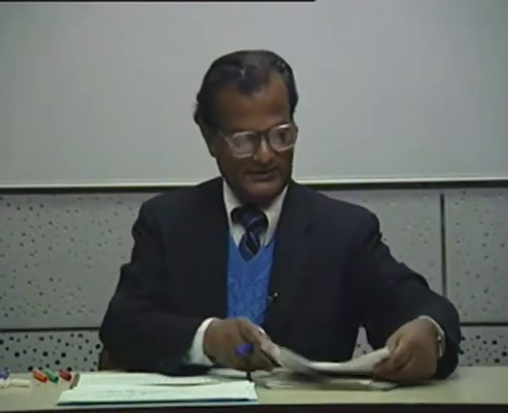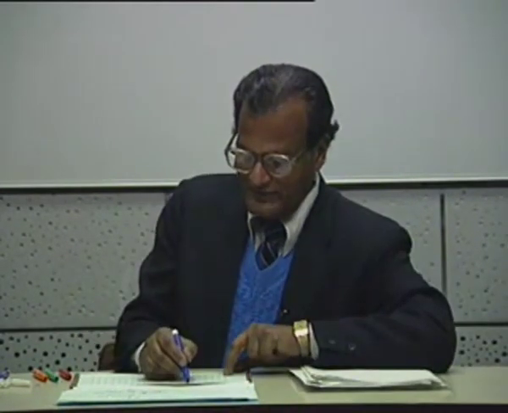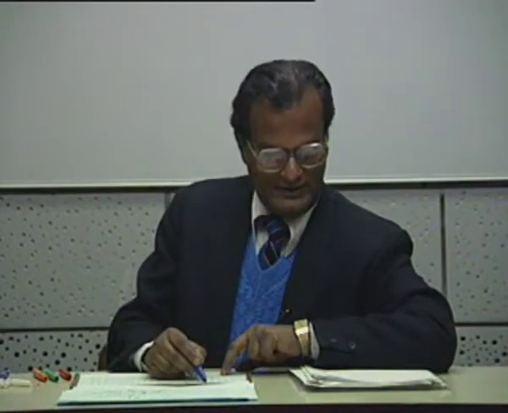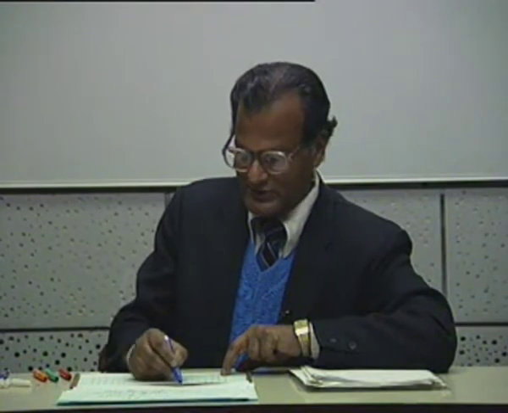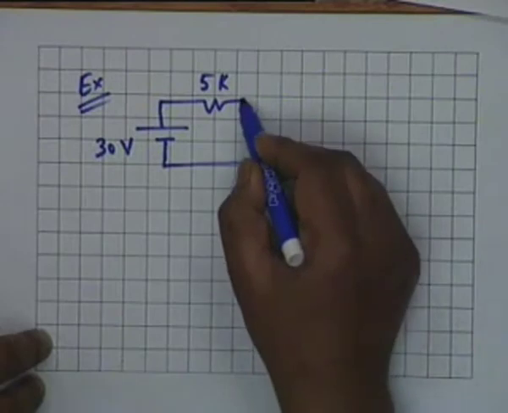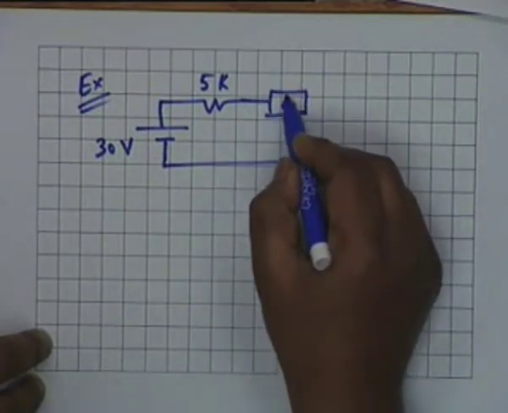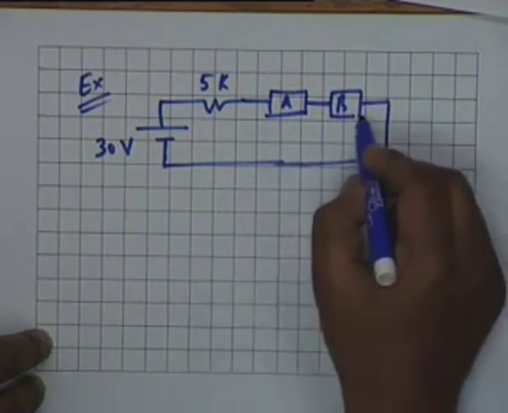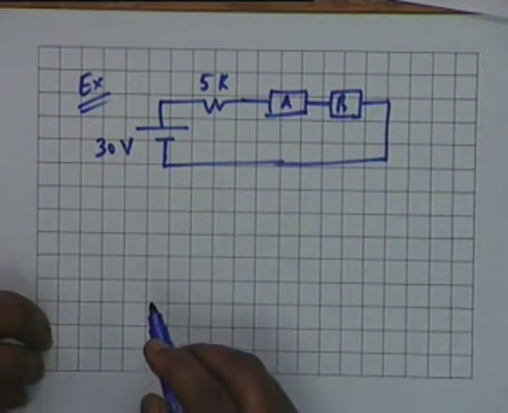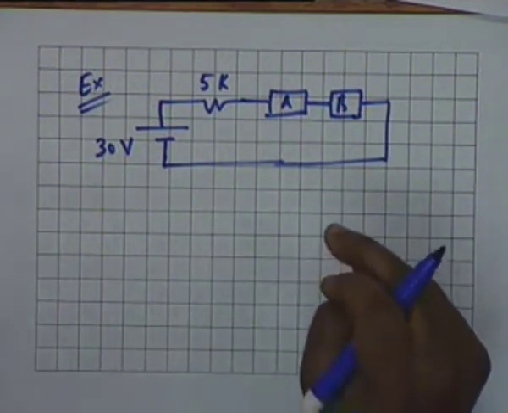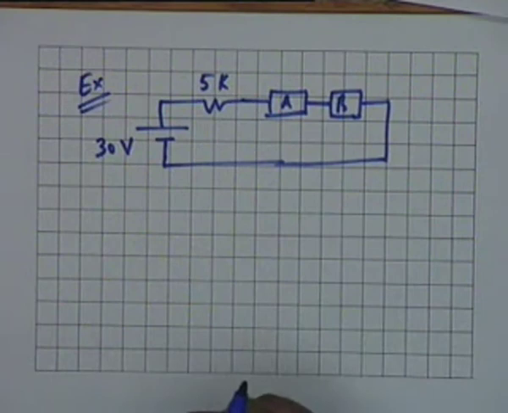This example concerns the series connection of two nonlinear resistors: a 30 volt source in series with 5K, connected in series with two nonlinear resistors A and B. The characteristics of both A and B are given.